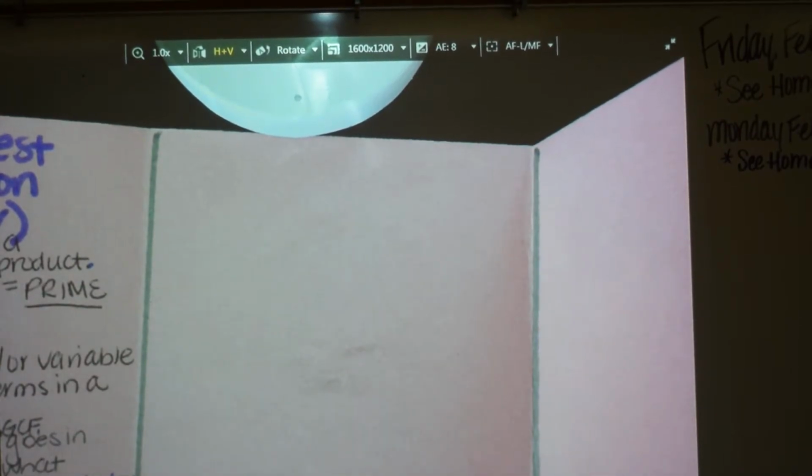Okay, so page 2 is going to be factoring using a difference of squares.